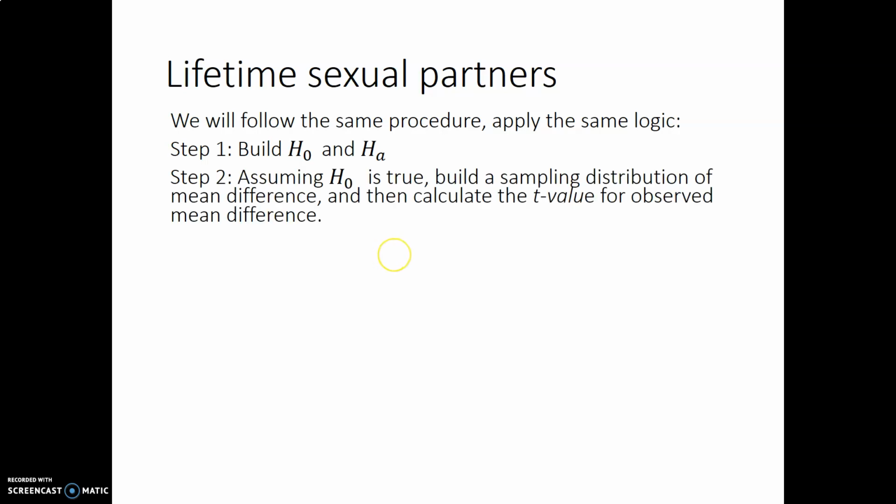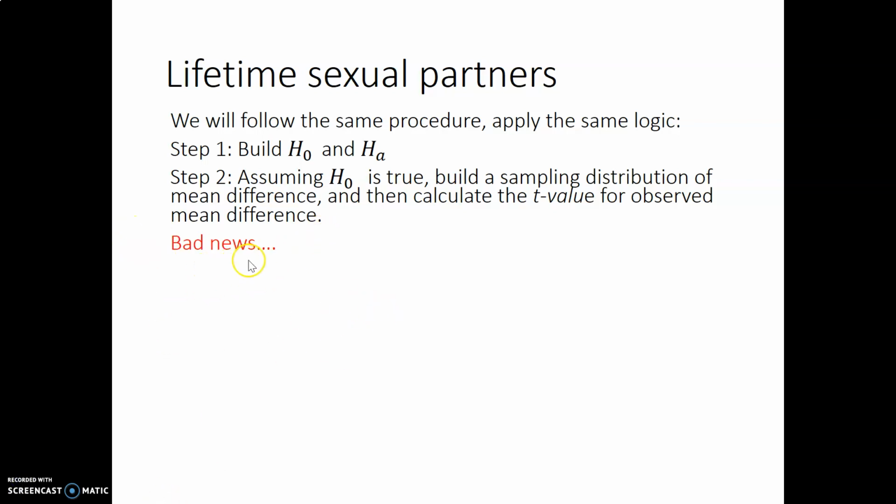We calculate the mean, the standard deviation, and the standard error of the sampling distribution, and then calculate the t-value for our observed mean difference. That is the logic we should follow if we adopt the same procedure as the paired t-test.